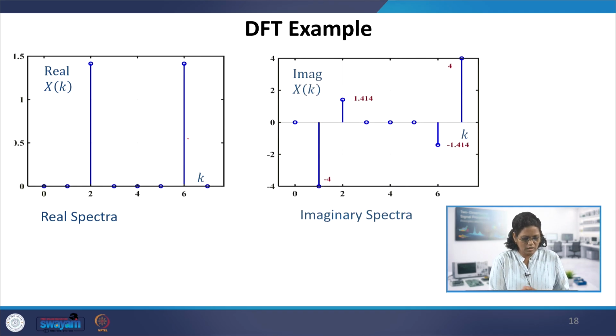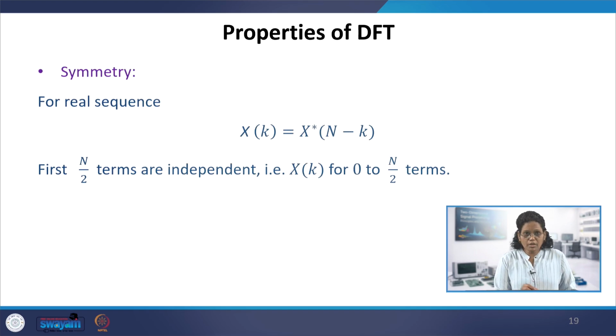The real part of X of k will show even symmetry, and the imaginary part of it will show odd symmetry. So this is another way of representing it. Now coming to the important property of the DFT, that is symmetry: for a real sequence, X of k is X conjugate of N minus k. So for 1 and 8 minus 1, we get X conjugate of 7.